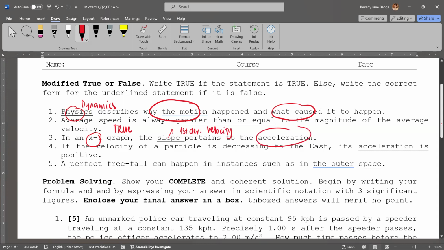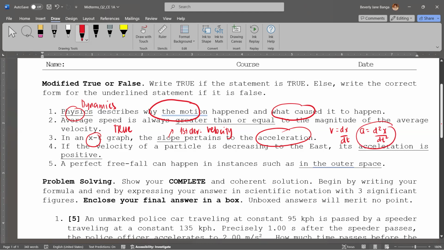So, kung acceleration ito at slope yung naka-underline, ibig sabihin, ano yung nagpe-pertain sa acceleration? Alam natin that in a given x equation, velocity is dx over dt. So, ito yung first derivative. And we know that acceleration is the second derivative of x with respect to t, which means that for acceleration, we need the second derivative.